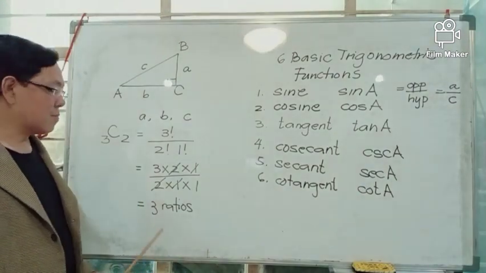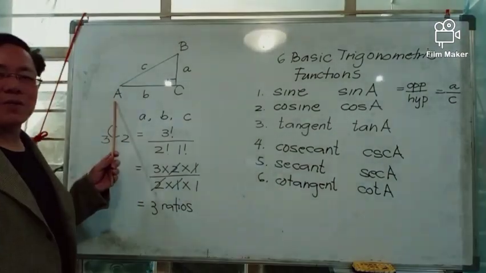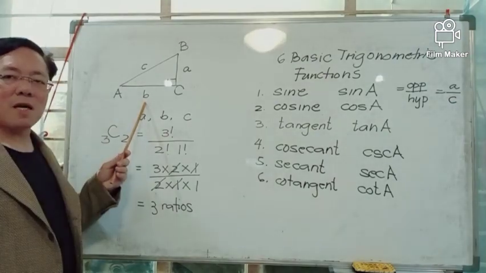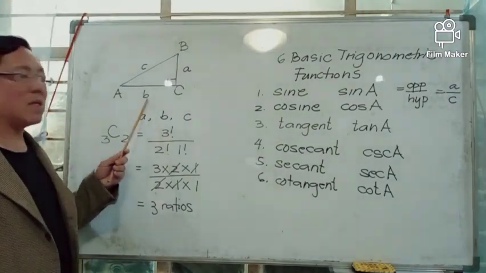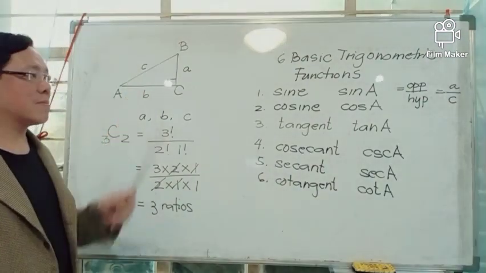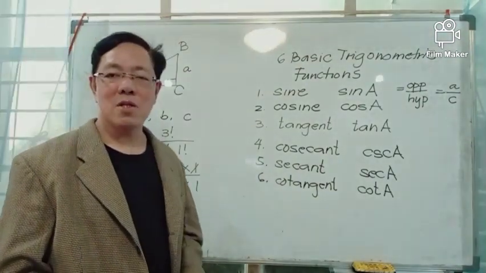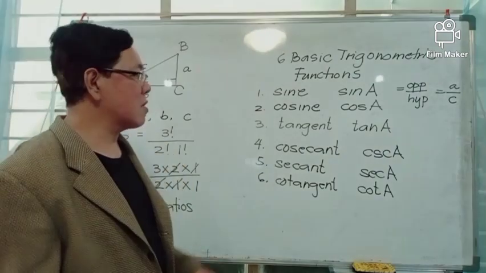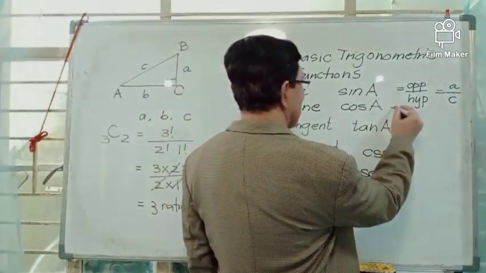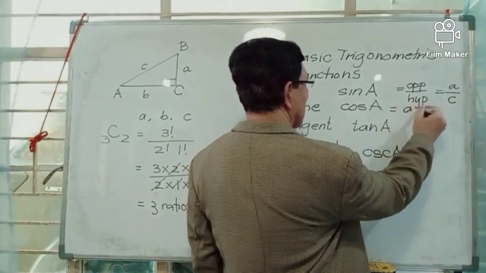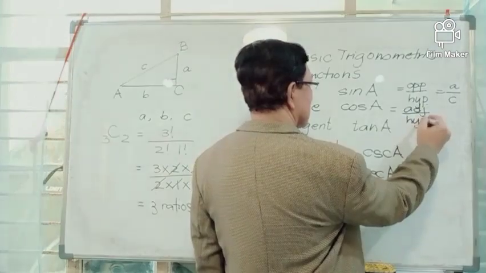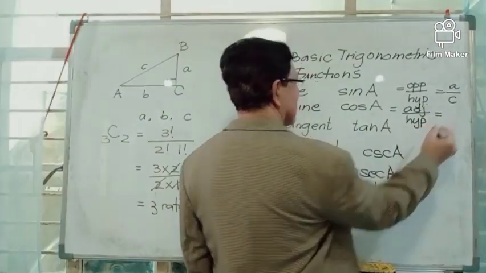Another ratio that can be formed with reference to the acute angle A is the ratio of the adjacent side, small b, to the hypotenuse, small c. And that ratio is the value of cosine of angle A. Cosine of angle A is the ratio of the adjacent to the hypotenuse.